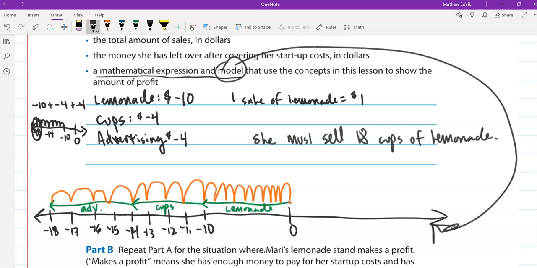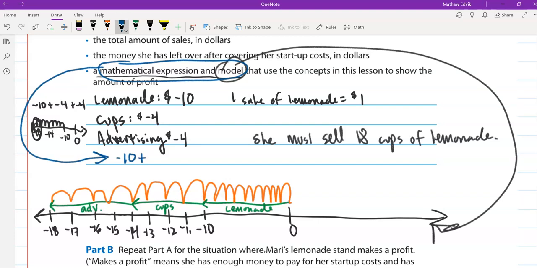And then a mathematical expression. So we'll circle that in blue, and we'll come down here. This is what the mathematical expression of this would look like. It would be -10 plus -4 plus -4. So that's our cost of the lemonade and our cost of the cups and our cost of the advertising.